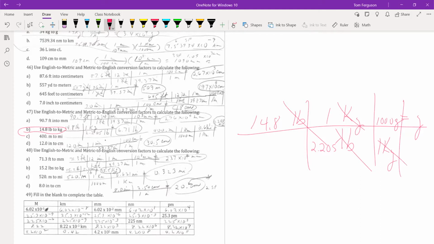So we're going to go 14.8 times 1, which we don't have to worry about, times 1,000, divided by 2.205. Okay, so 3 sig figs. So that makes that 6, 7.